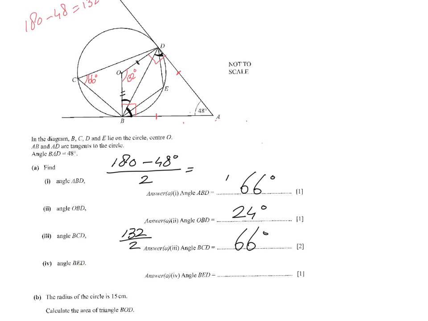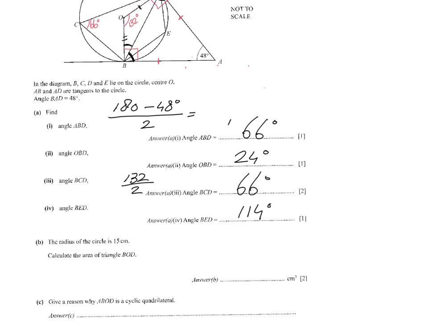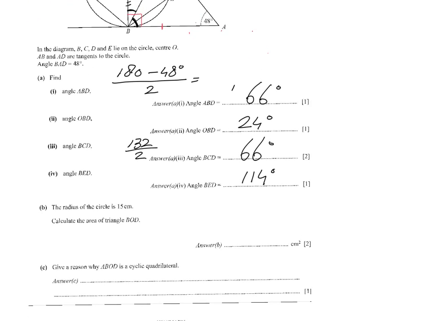So if they ask me BED, so this angle, together they add up to 180. So this angle is going to be 180 minus the 66, so 114 degrees. And as you can see, it's not to scale, but it's an obtuse angle. So that makes sense.